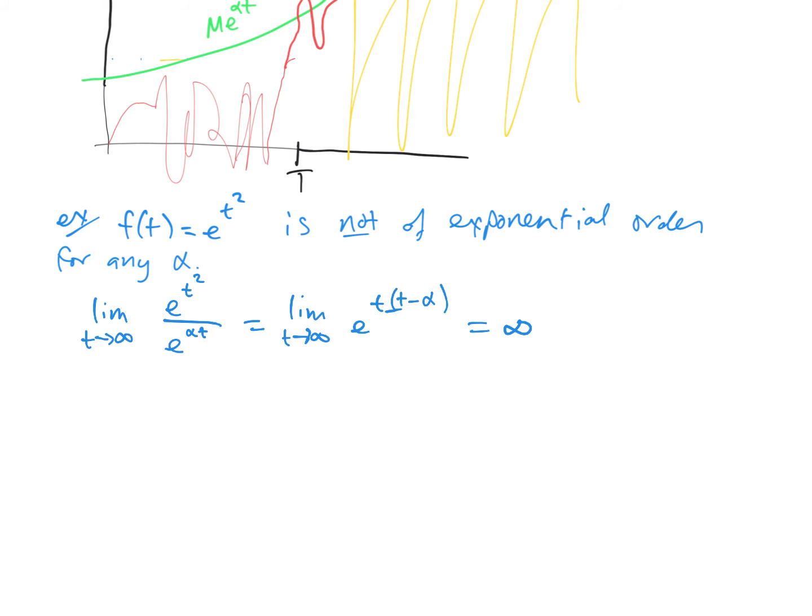So the other way you can think about this is equal to the limit as t goes to infinity of e to the t squared times e to the negative alpha t.